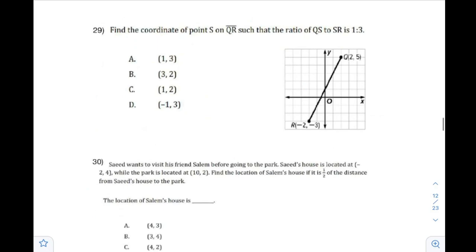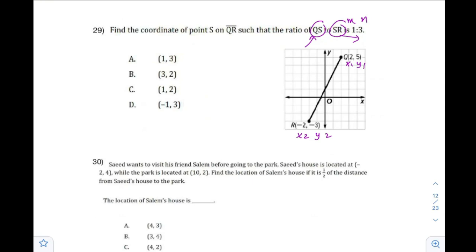Now with the ratio, I was thinking about this one. Find the coordinate of point S on QR such that the ratio of QS to SR is 1 to 3. So it is 1 to 3. So this is M and this is N. QS to SR. So Q is the starting point, and R is the end point.